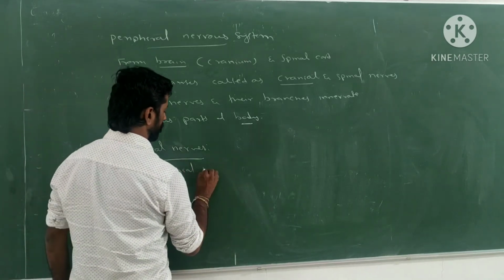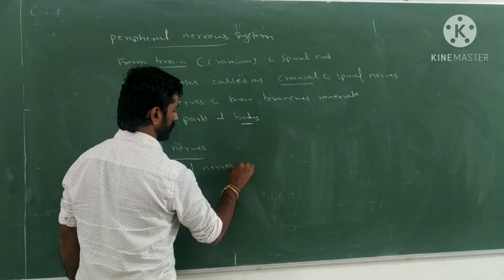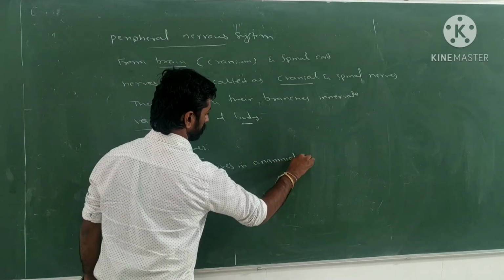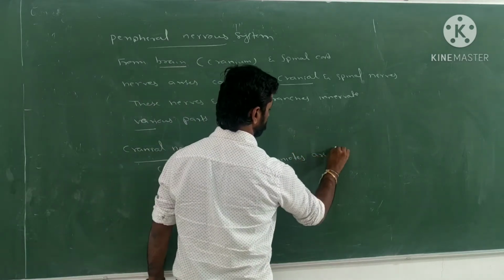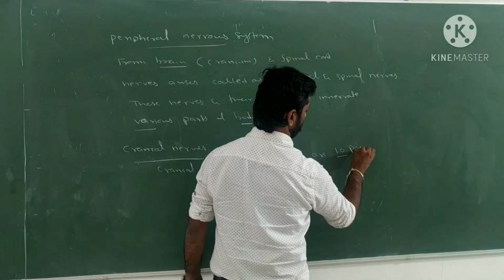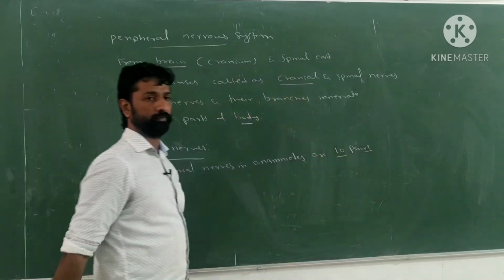The cranial nerves in anamniotes are 10 pairs.